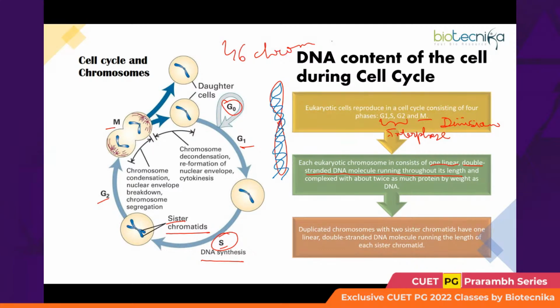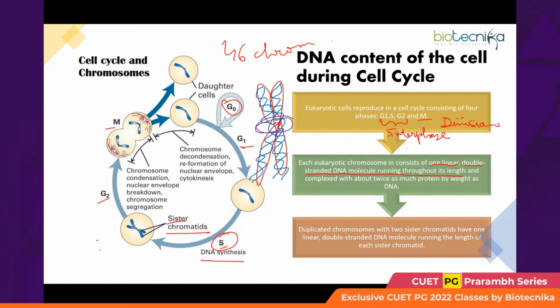Am I clear with this, guys? So after DNA replication is done in the S phase, a chromosome will exist as a pair of sister chromatids, with one DNA molecule in each sister chromatid. But the sister chromatids do not separate completely; they keep joined through the centromere, and they will get separated completely only during the anaphase of cell division.